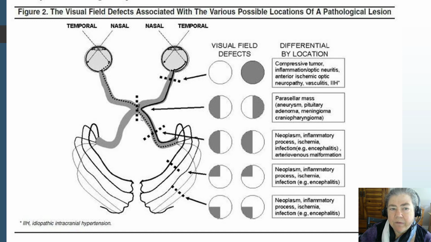That's your visual field defect, is that you can't see out of your right eye. You can only see out of your left eye.